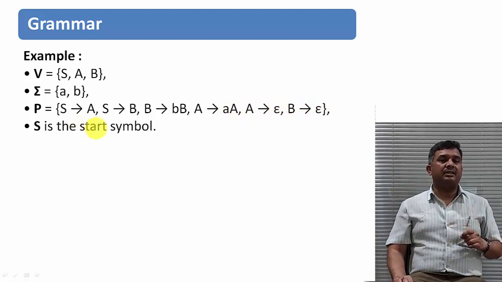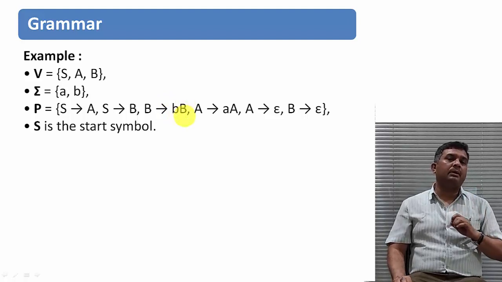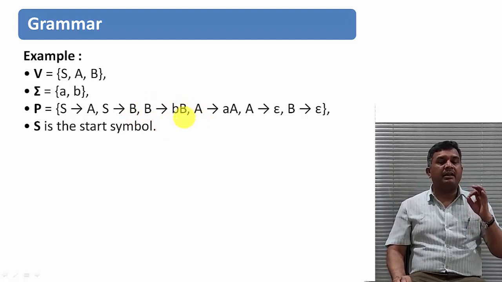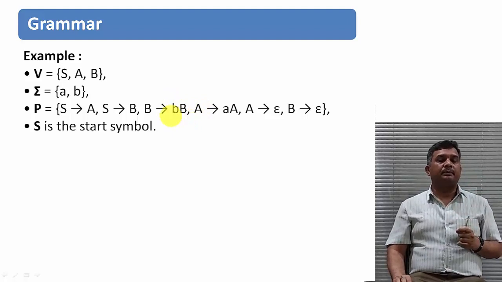And S is the starting symbol. You can see here B derives b. Here this small b is nothing but a terminal symbol and capital B is nothing but a variable. So you can see that on the left hand side we always have a variable, and on the right hand side we have a combination of terminal symbols and non-terminal symbols.